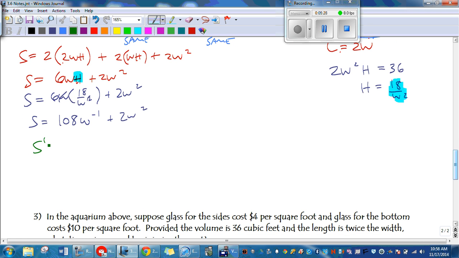So we're going to take the derivative of S. We get negative 108 times W to the negative second plus 4W. We want to know when that's equal to 0. So we can factor out a 4 and a W to the negative second. Right, they both have W's. We can factor out the smallest exponent.